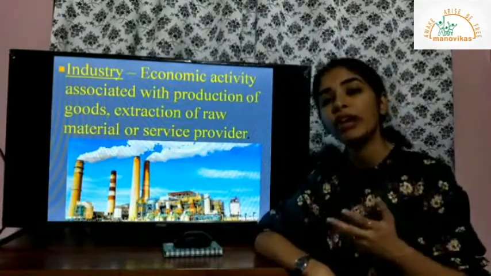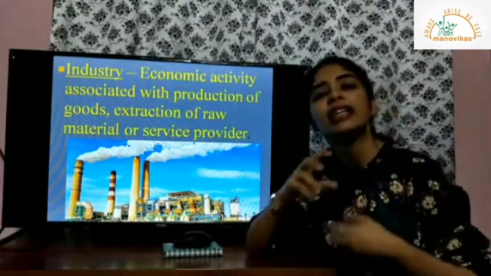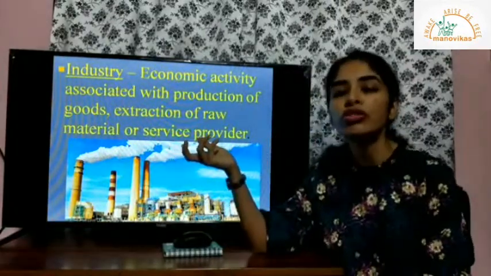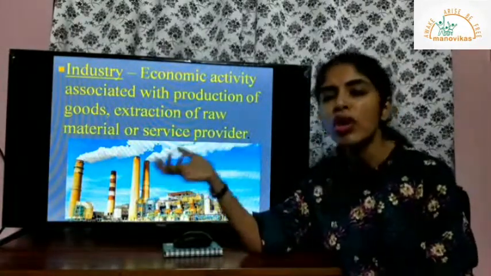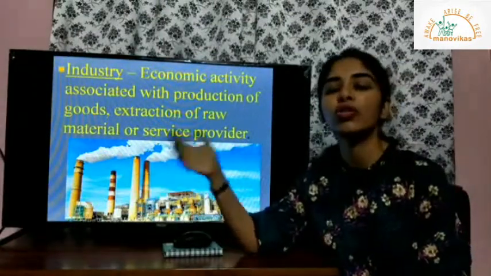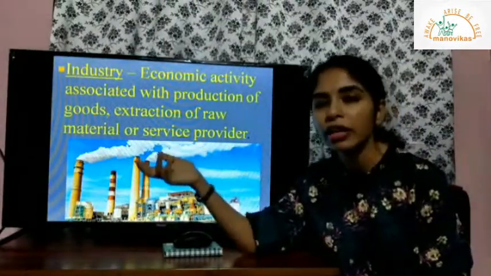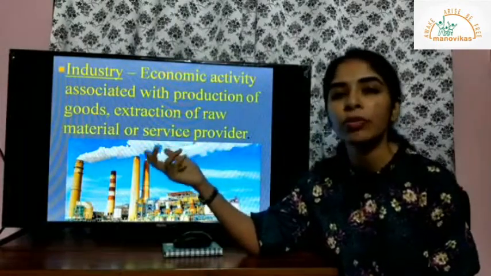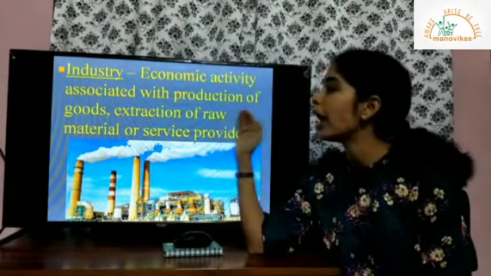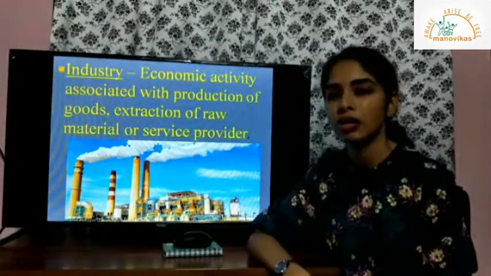Here we derive raw materials, and these raw materials are processed further in order to produce different types of goods, or they can be sold in the market directly without any processing, right? Wheat doesn't require any processing. It can be directly sold in the market. So that is also an industry.